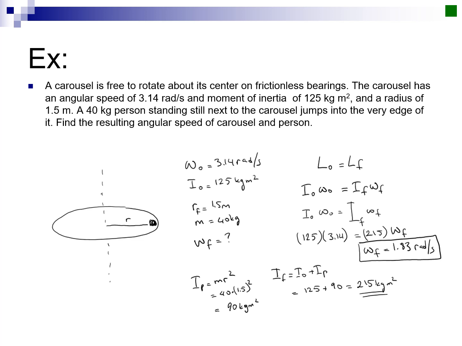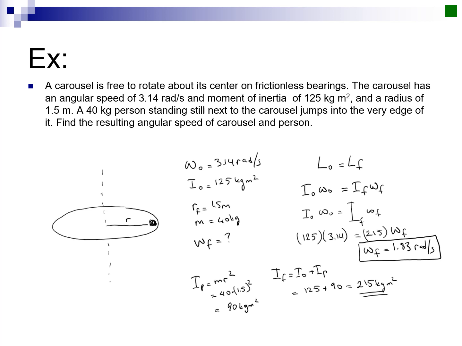Now, this is not the final moment of inertia yet because this is just the additional moment of inertia. So the final moment of inertia would be the original one plus the person on it. This gives me 125 plus 90, 215 kilogram meter squared. So this is the final moment of inertia.